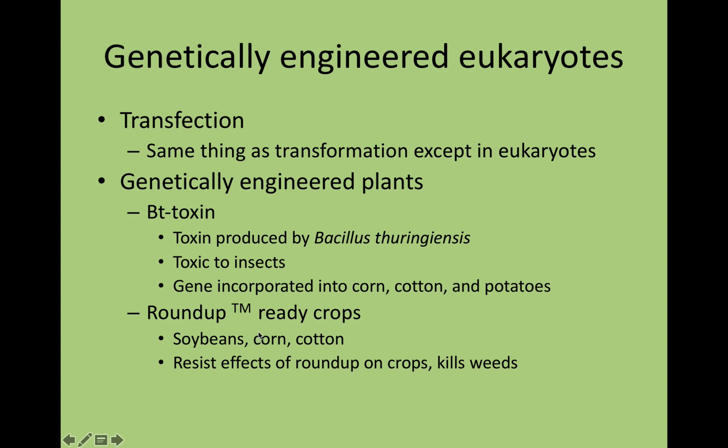Now, in the case of Roundup Ready crops, Roundup is a herbicide that will allow the plant to resist the effect of the actual weed killer. So corn, cotton, soybeans, all types of organisms, sugar beets have been genetically engineered to produce an enzyme that allows it to resist the effects of the actual herbicide.